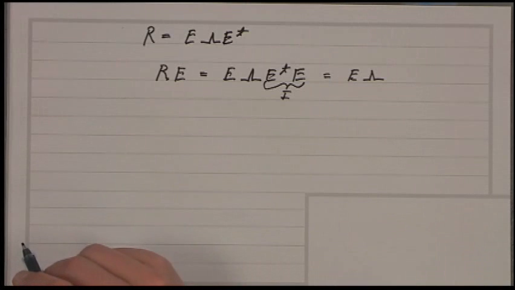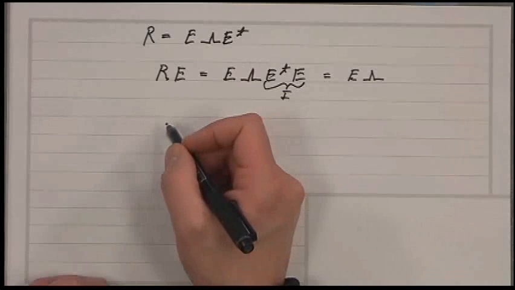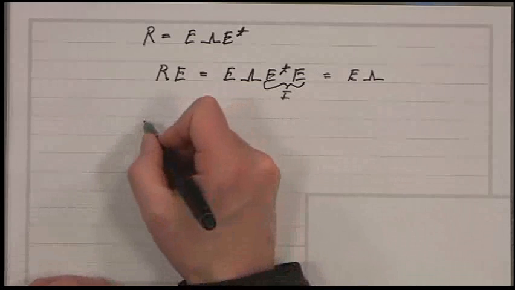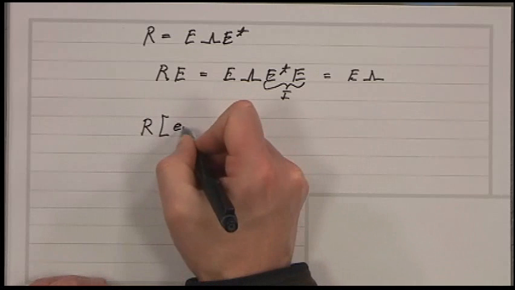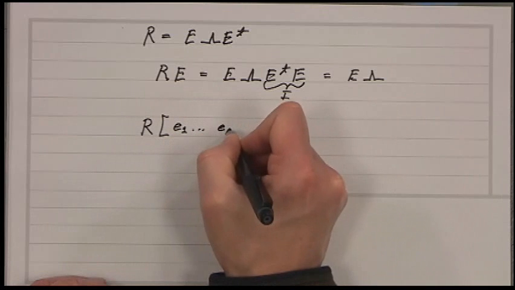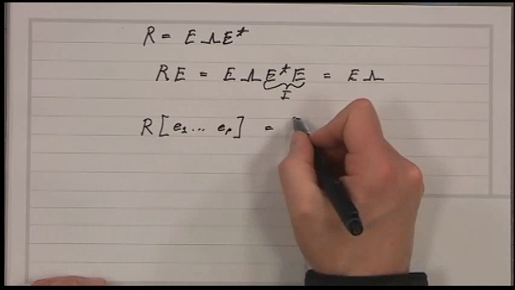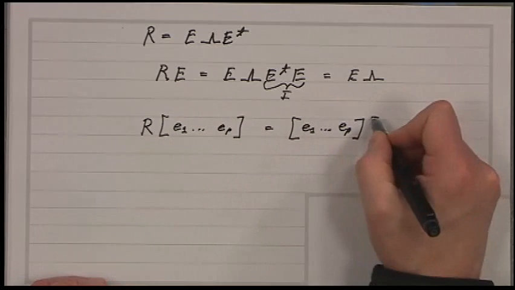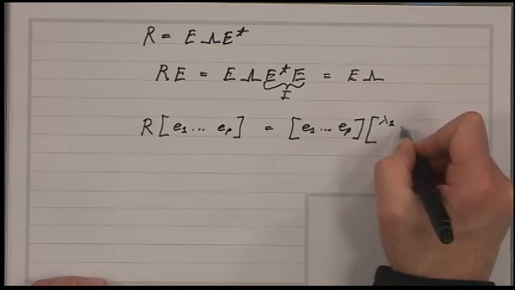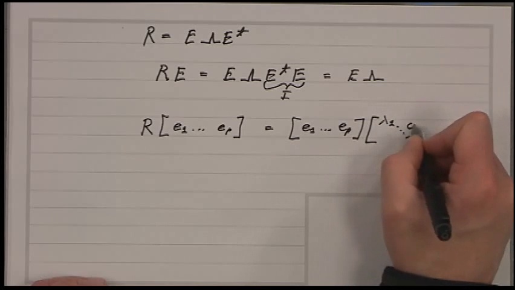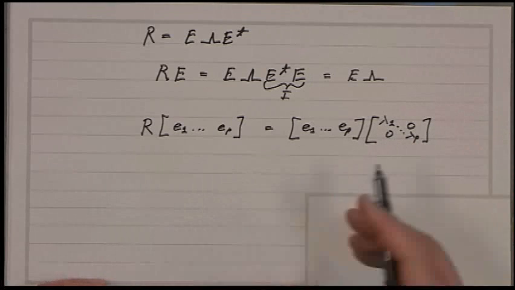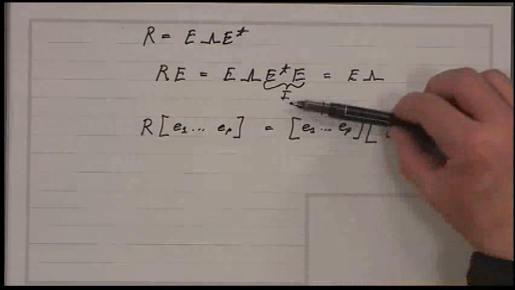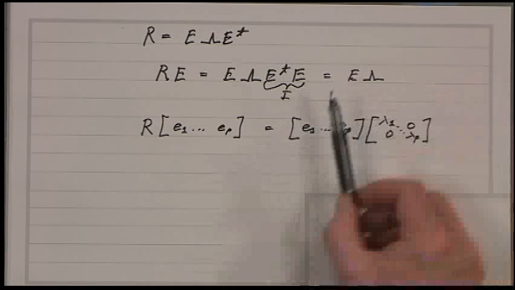Now if I expand that out, what does that mean? I have R times E1 through EP is equal to E1 through EP times this matrix, which is lambda 1 through lambda p, and there are zeros here. When I multiply, I take the first column and multiply it by this matrix, and I get the first column out.